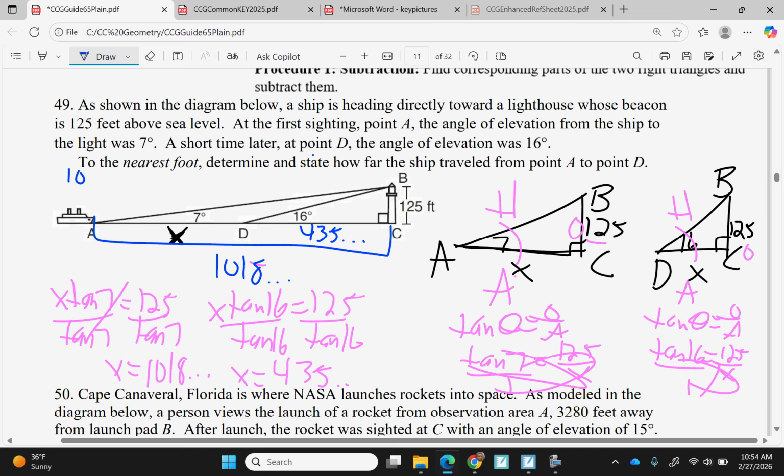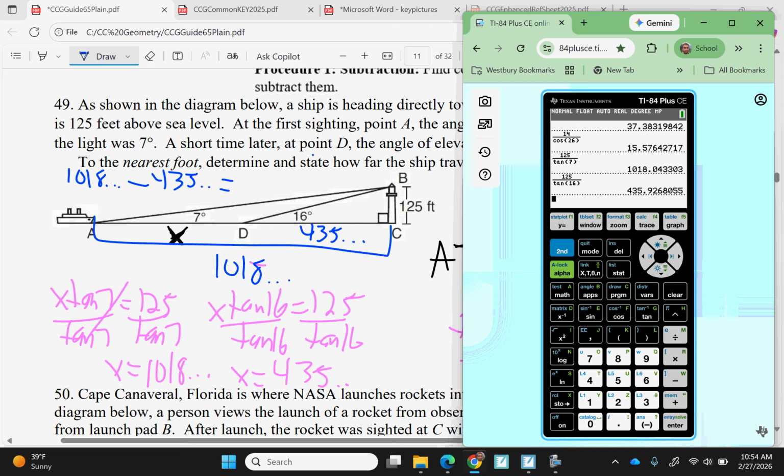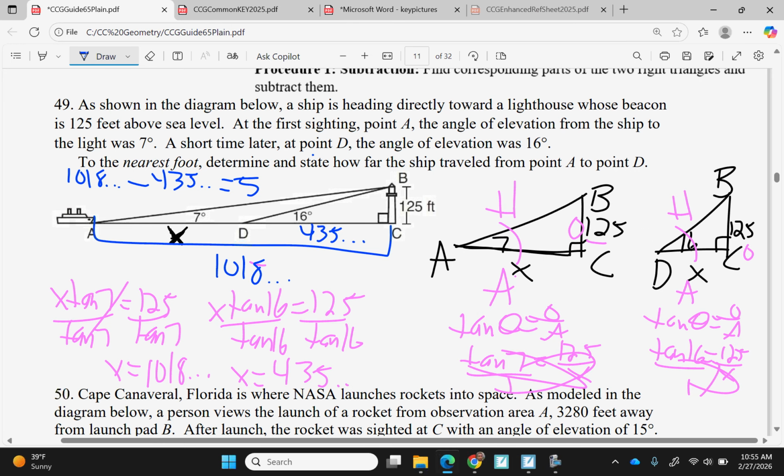I'm going to do 1018 dot, dot, dot minus 435 dot, dot, dot. I'm going to copy and paste those in my calculator. That's what the dot, dot, dot means. It means I'm not going to write the whole thing out because who's got time for that? But I'm going to copy and paste those values. The final answer says to the nearest foot, 582. I can't tell you how many of my students have passed on that, knowing how to do this question. That's it.